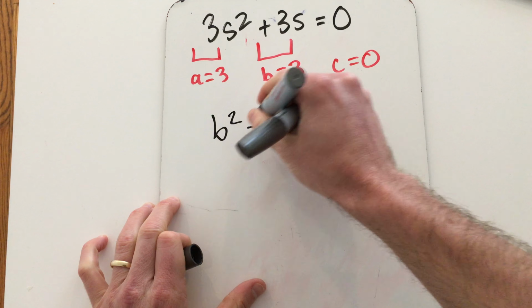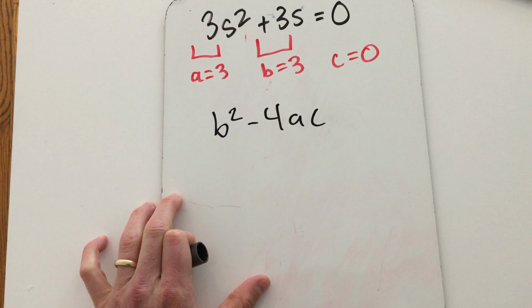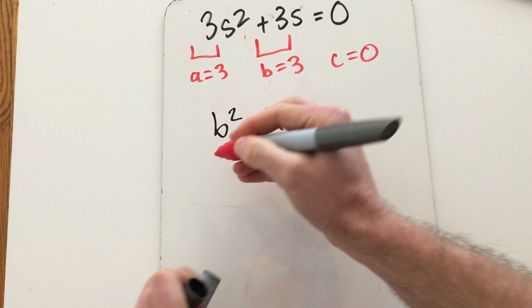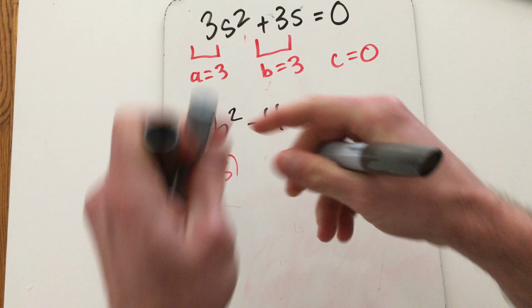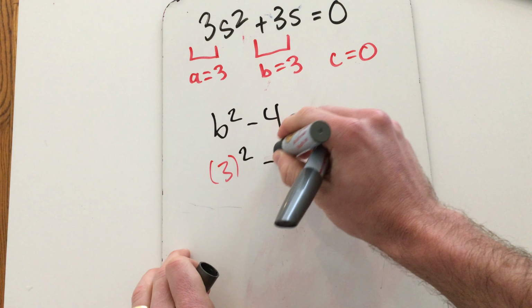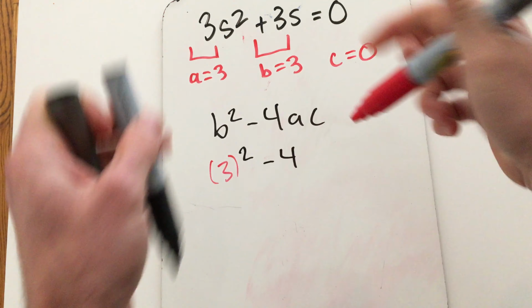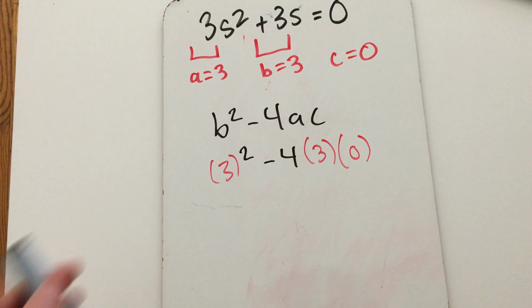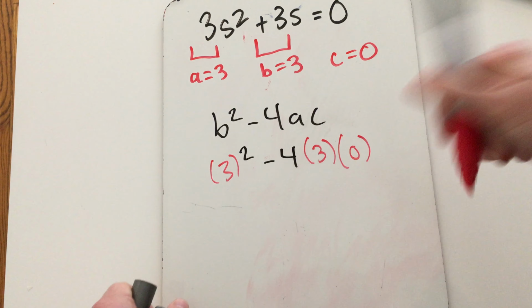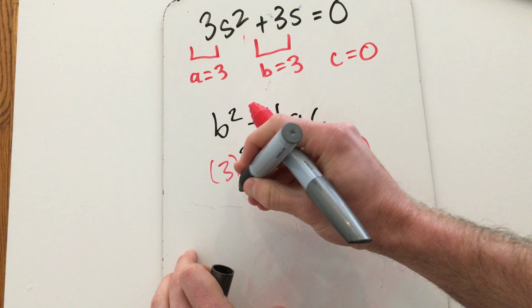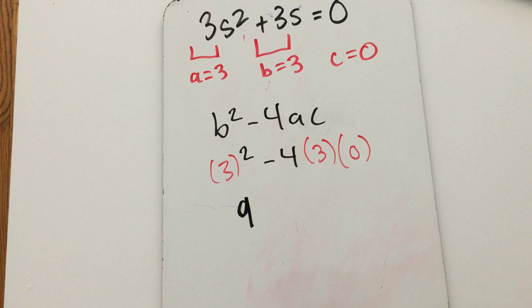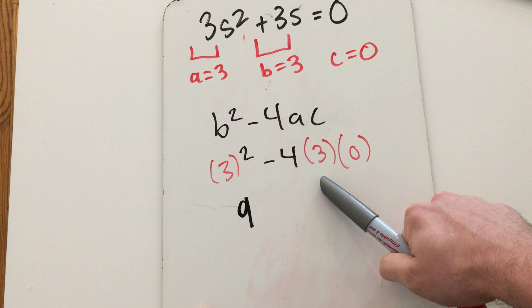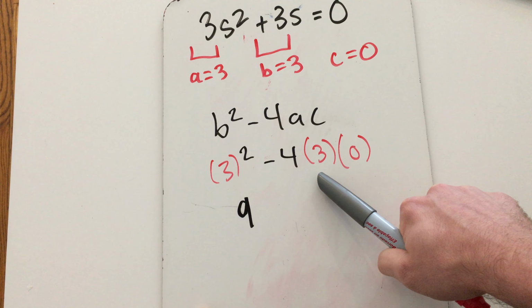B squared minus 4ac. Let's see, b is 3. A is 3. And c is 0. So first we do the exponent. 3 squared would be 9. Then we go ahead and multiply. Negative 4 times positive 3 would be negative 12 times 0.